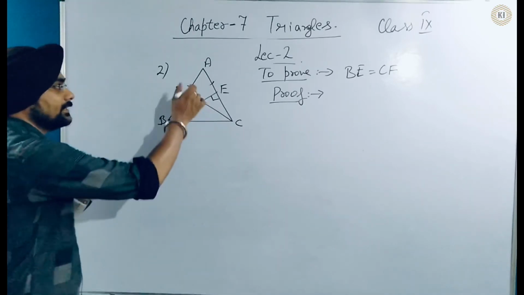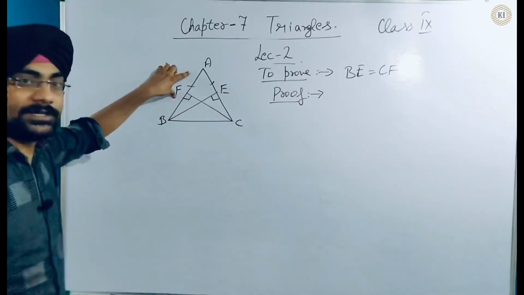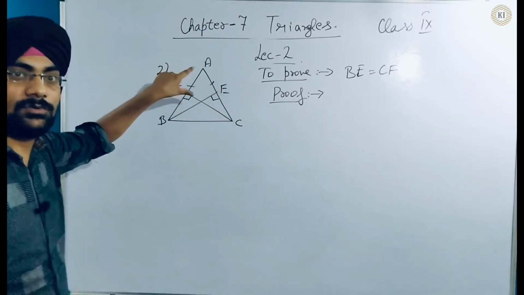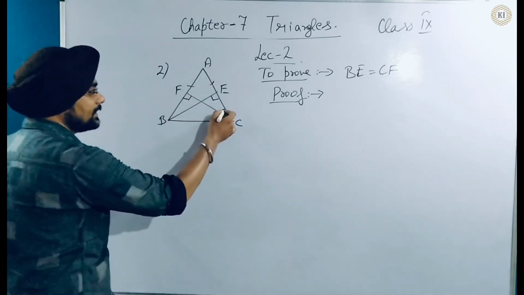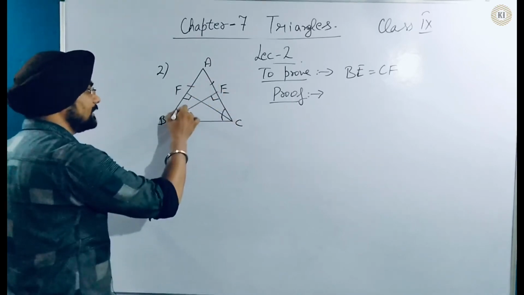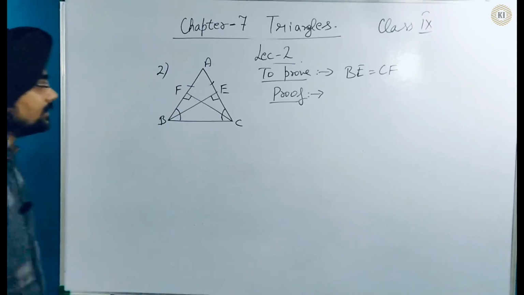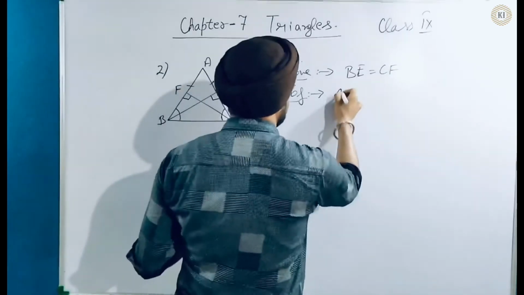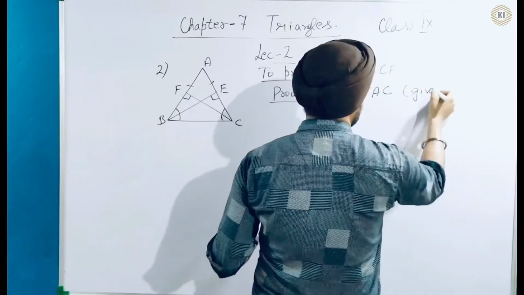I have told you the theorem of the isosceles triangle: the opposite angles of the equal sides will also be equal. AB is the side, the opposite angle is angle C. AC is the side, the opposite angle is angle B. So here we can write AB is equal to AC, that is given.